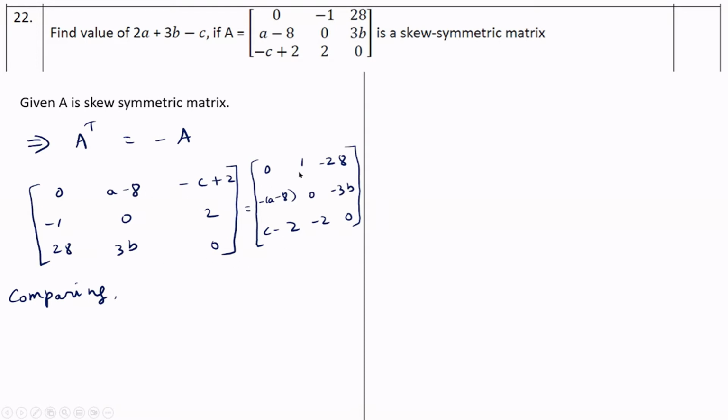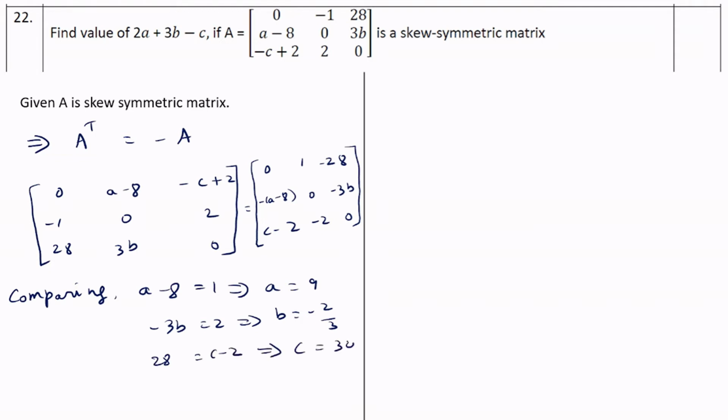So a minus 8 is equal to 1 implies a equal to 9, and then here we have minus 3b equal to 2 implies b equal to minus 2 by 3, and then here c minus 2 equal to 28, or 28 equal to c minus 2, implies c is equal to 30.